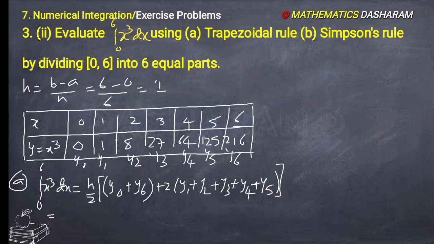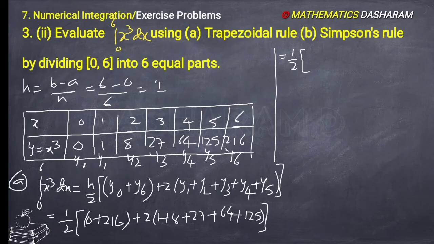Now let's substitute the values in this. The h value is 1 by 2. So 1 by 2 bracket of 0 plus 216 is 216, plus 2 into, this total addition is 225.